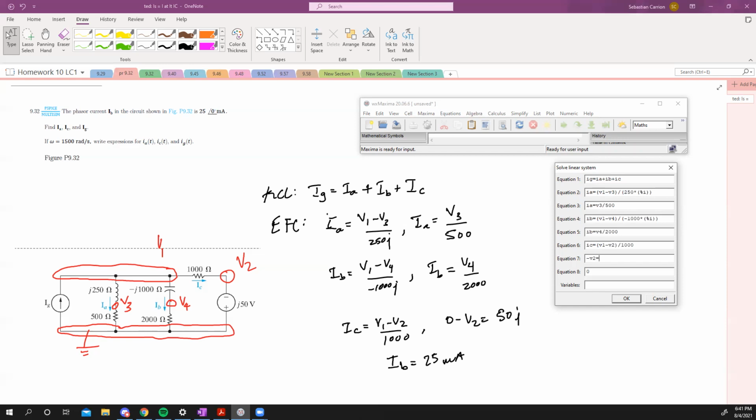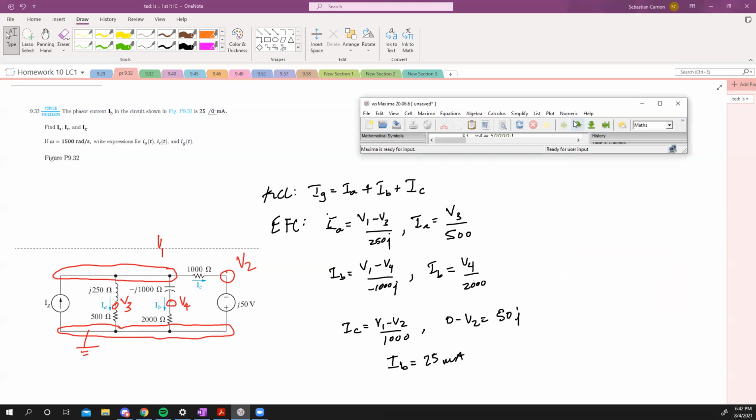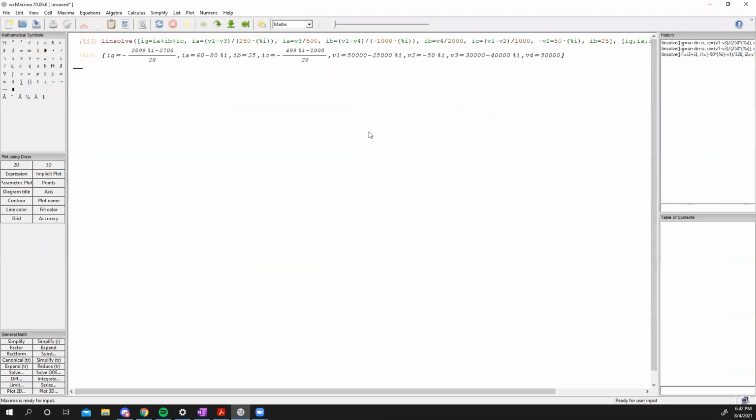Negative V2 equals 50J. And IB equals 25. Everything is in milli, so we have the unknowns IG, IA, IC, V1, V2, V3, V4.